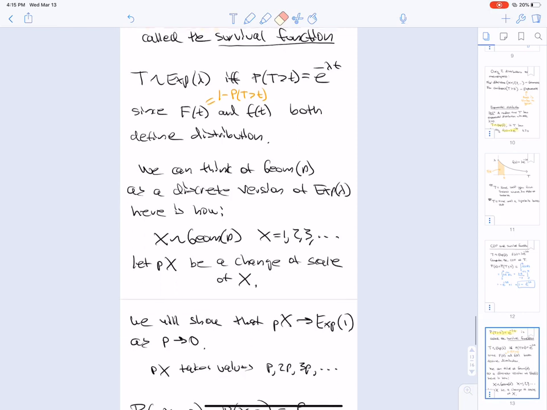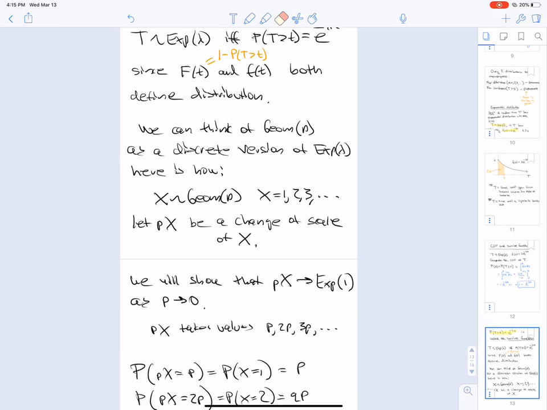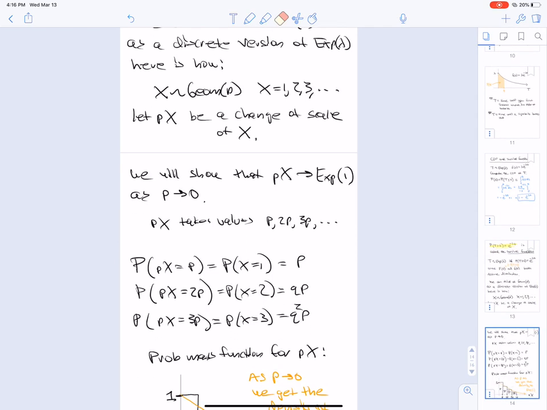Finally, I just want to finish and note that the exponential is a limit of the geometric. In particular, if X is geometric(p) and pX is a change of scale of X, then we'll show that pX, that discrete random variable, converges to exponential(1), so lambda equals 1, as p goes to 0. To see this, note that pX takes values p, 2p, 3p, and so on, since X is geometric.